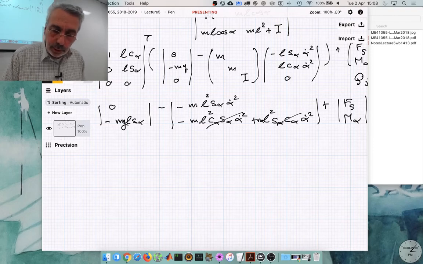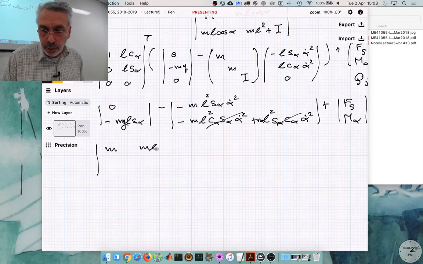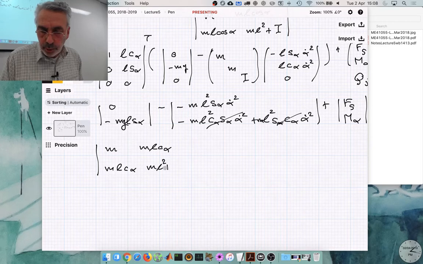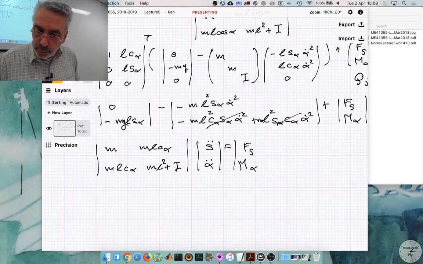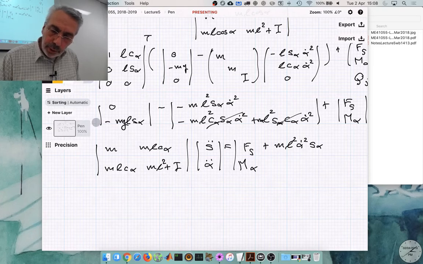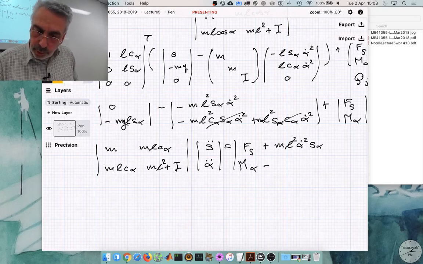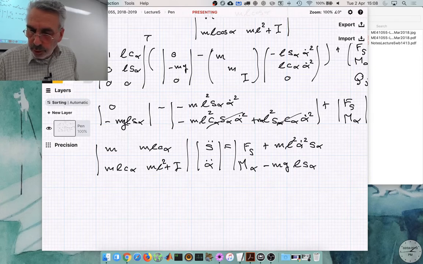Okay, let's combine our result, because now we're done. We have a mass matrix, ml cosine alpha, ml cosine alpha, and then m l squared plus I. This was the mass matrix times this acceleration, s double dot, alpha double dot, equals, and then we have Fs and M alpha, and then non-zero terms are plus m l squared alpha dot squared sine alpha, and the other one is just gravity, minus mgl sine alpha.